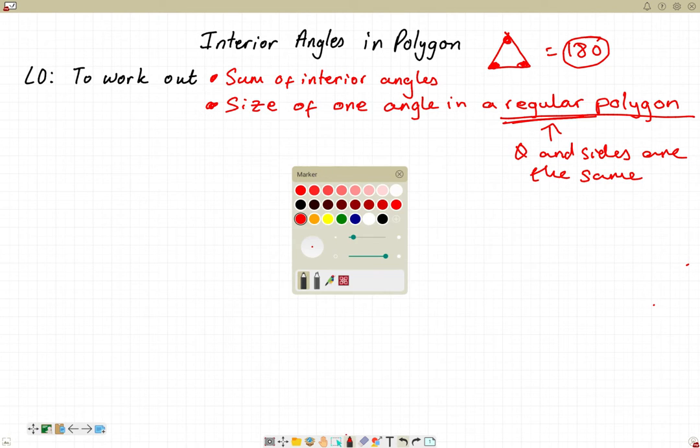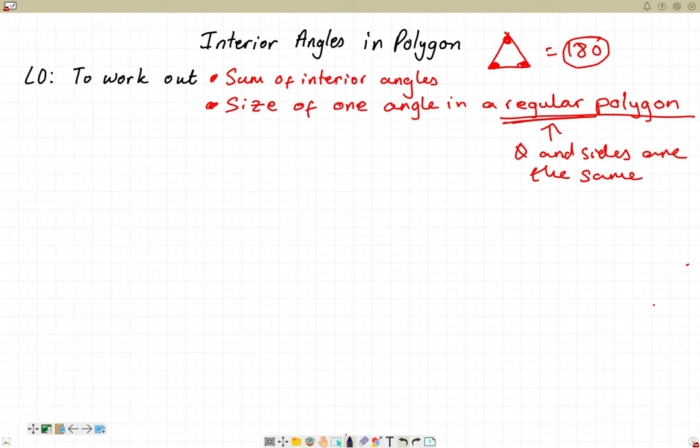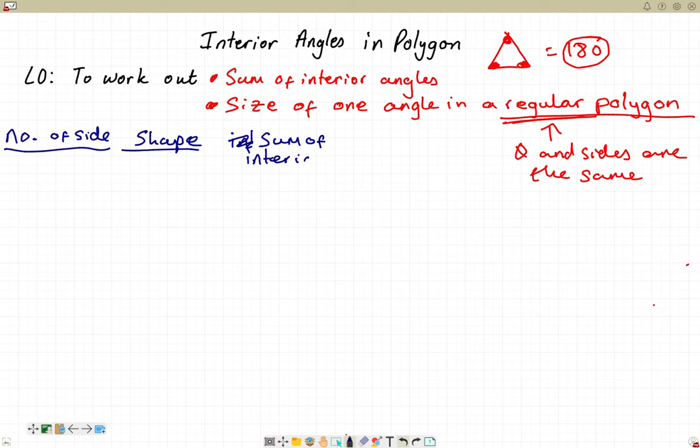Okay, so I'm just going to make a little table that says number of sides, shape, interior angle, sum of interior angle, and then size of one angle.